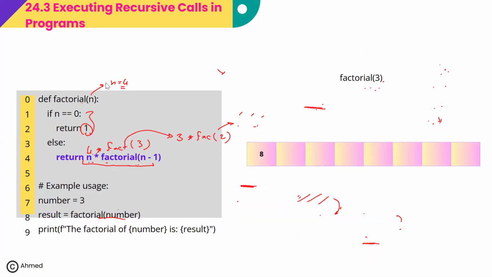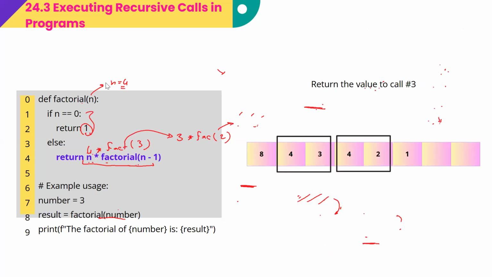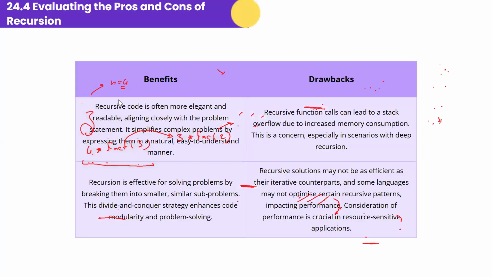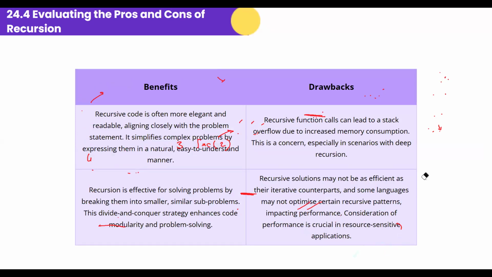I will not talk more about that because we already covered it in understanding, but I will give you another example, and then we can move back to the object-oriented code. So there are benefits of writing recursive functions. I would say that recursive code looks clean and more readable, and it can align with the problem statement.